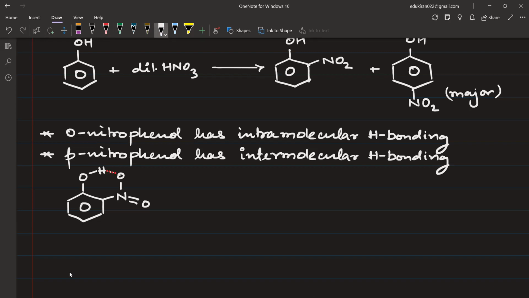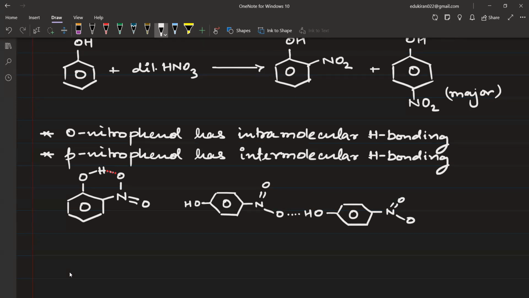And if I talk about the para substituted one, you can see it like this. Oxygen here. This oxygen can have a hydrogen bond with the OH of another paranitrophenol, right? So intermolecular, as you can see, is using two molecules, but intramolecular has the hydrogen bond in only one molecule, with itself only.